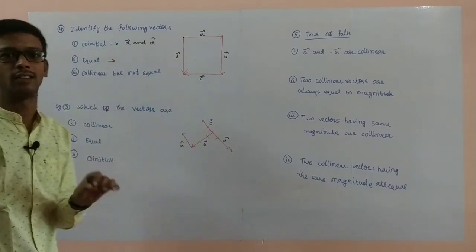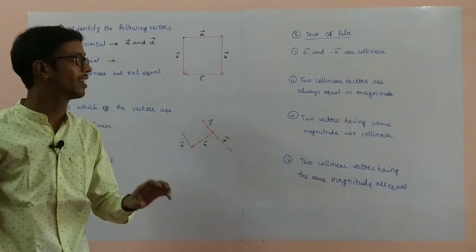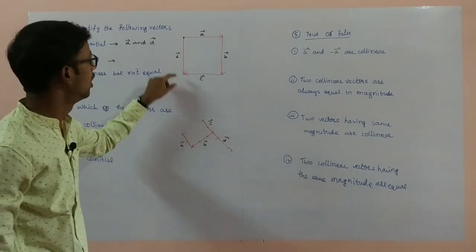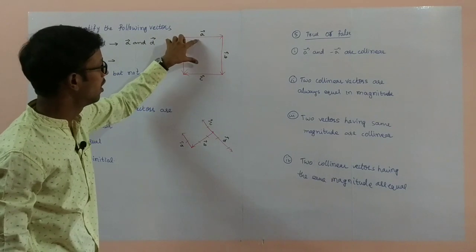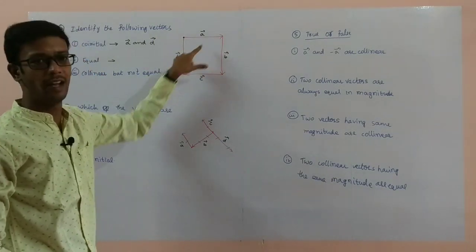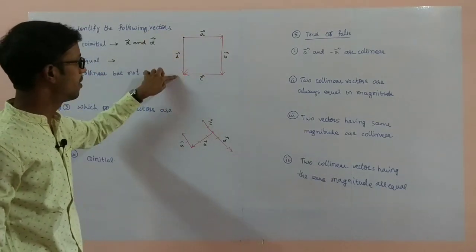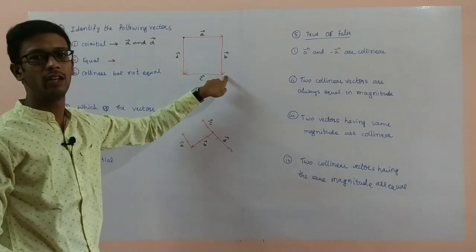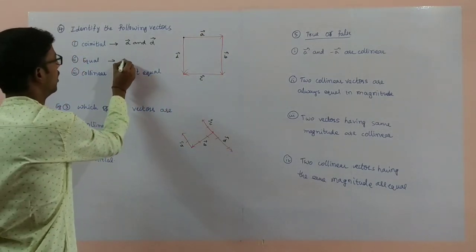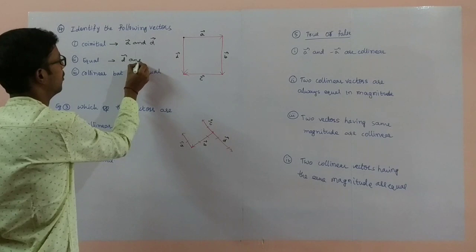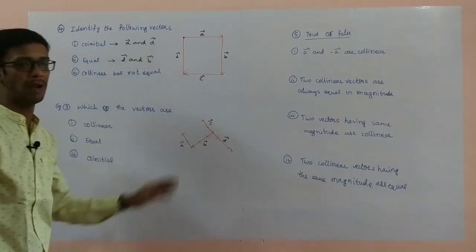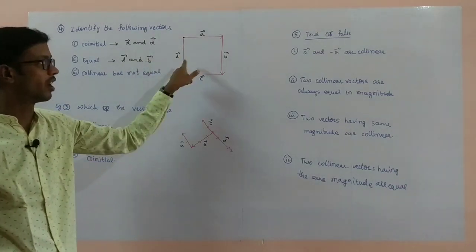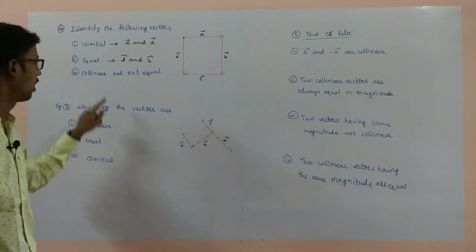Equal vectors means same magnitude and same direction. You observe here, these two are same magnitude but not same direction. You observe D bar and B bar, same magnitude and same direction. Arrows are very important here.